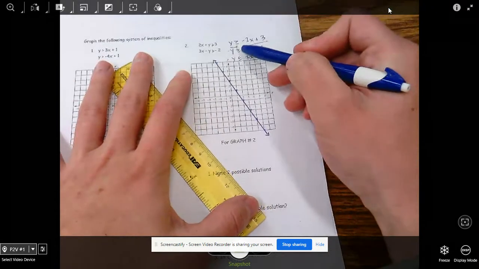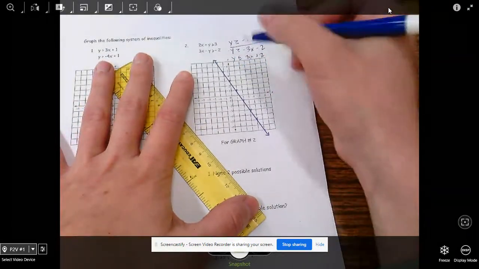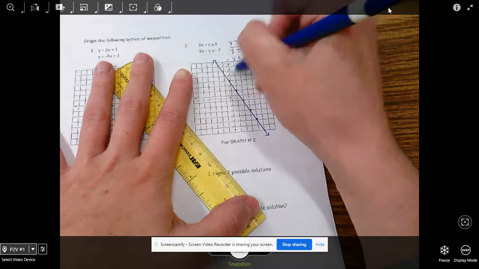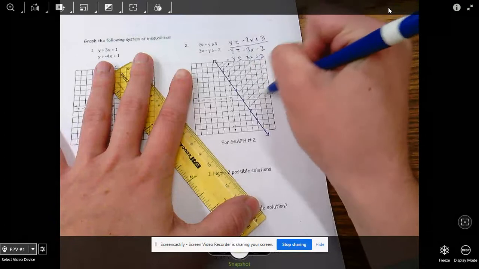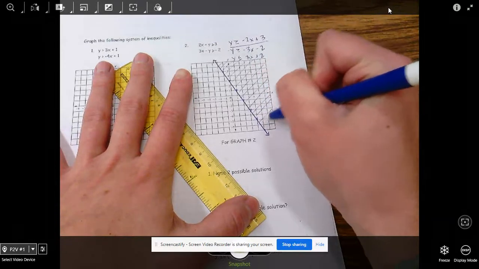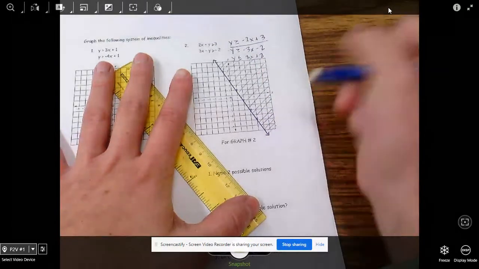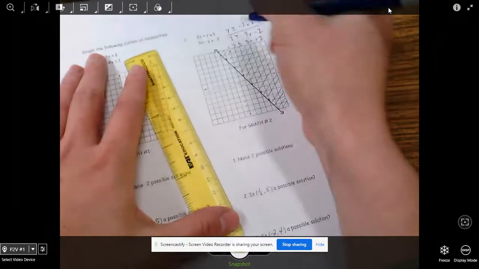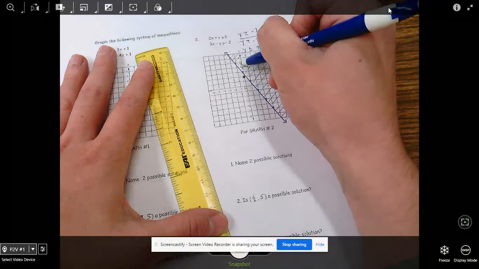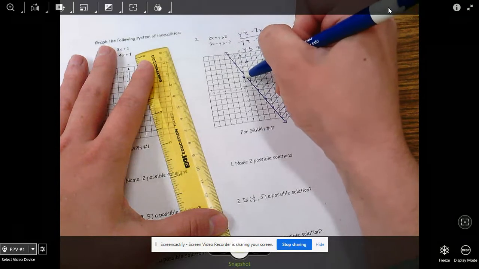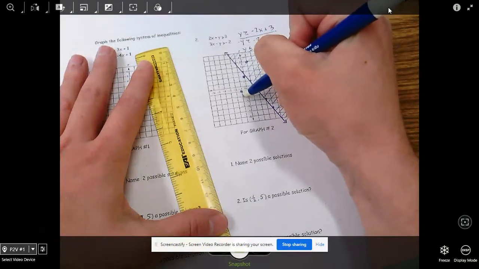You're going to be greater than, so these values are greater than on this side. And then when you go here, you start at 2, and you go up 1, 2, 3 over 1, down 1, 2, 3, left 1.